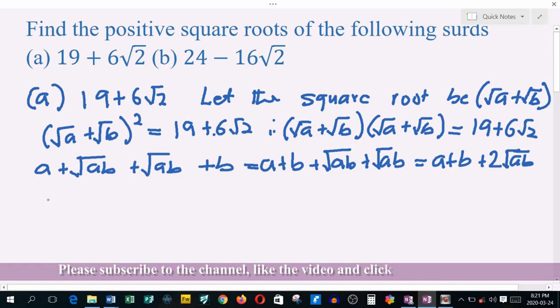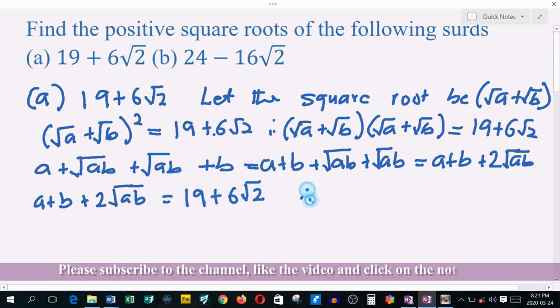So let us compare this with 19 plus 6 root 2. We have a plus b plus 2 root ab is equal to 19 plus 6 root 2. What this means is that a plus b is equal to 19.